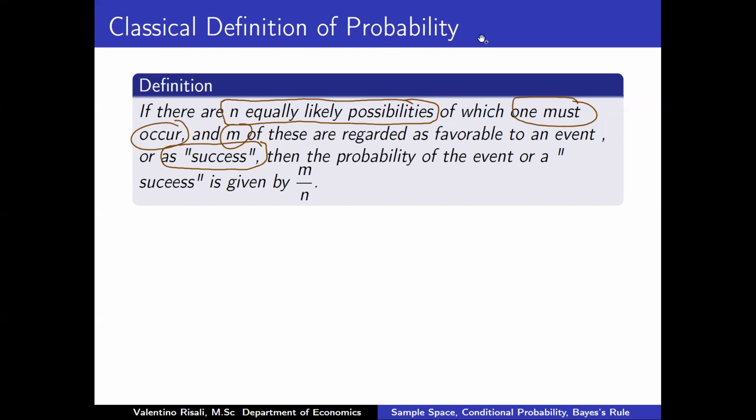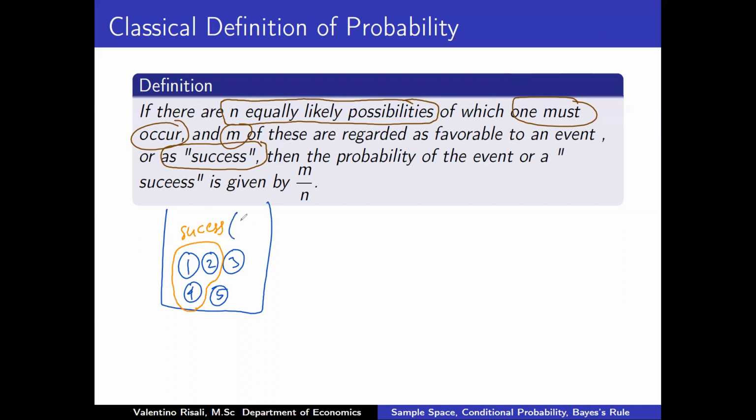As an illustration, if we have this box with 5 balls, 1, 2, 3 until 5, and we say that these balls are successes, then the success event, we say it is E. The cardinality of E is equal to 3, and our sample space contains 5 elements.